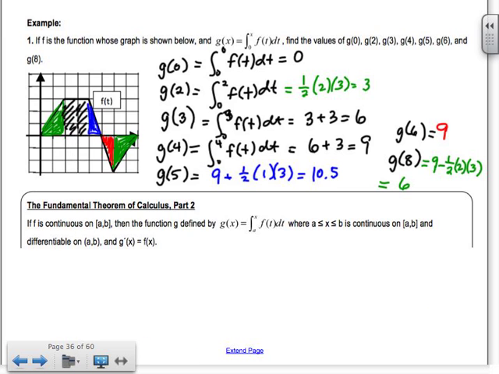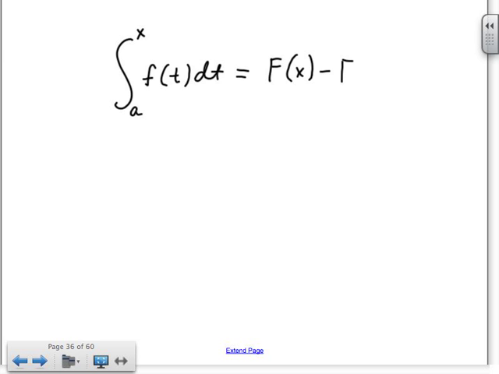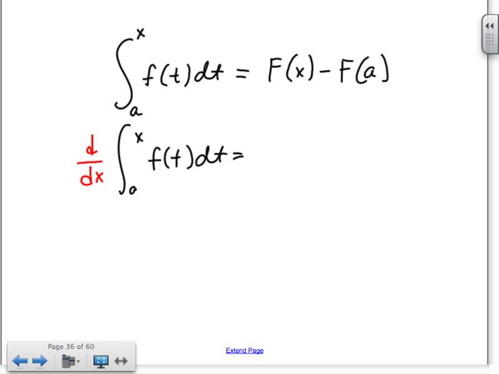So if I had the integral of f of t dt, and I was going from a to x, so no derivative up front at all. What does that mean? It means that it would be capital F of x minus capital F of a, right? We understand that. So now let's say I take the derivative of this whole side. What happens when I take the derivative of this whole side?